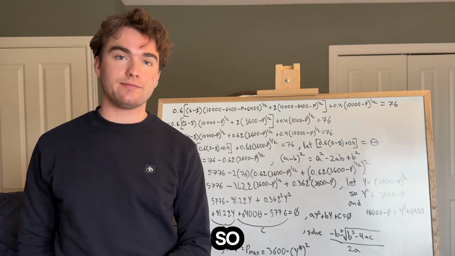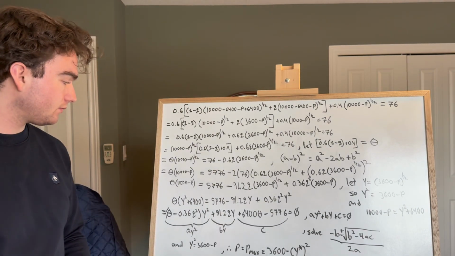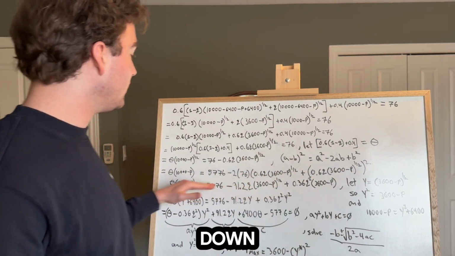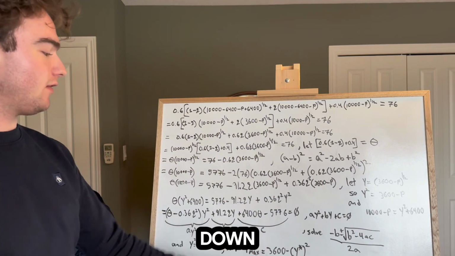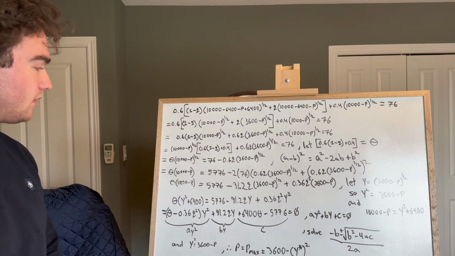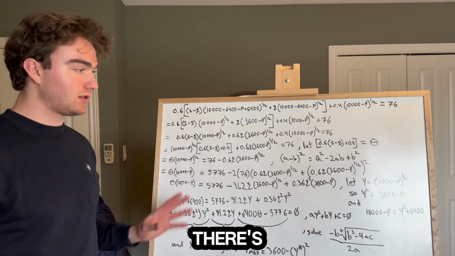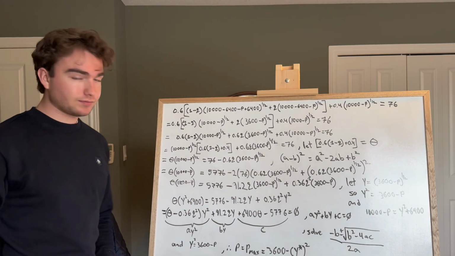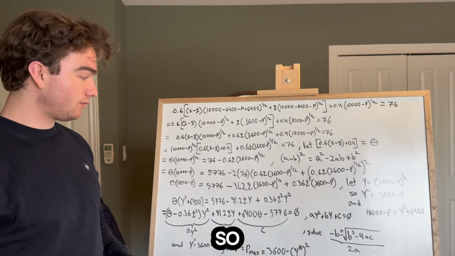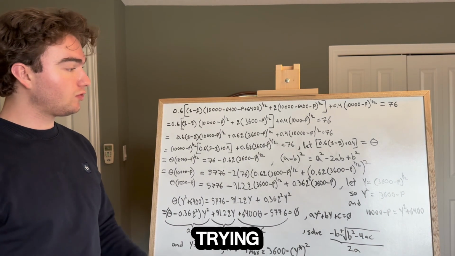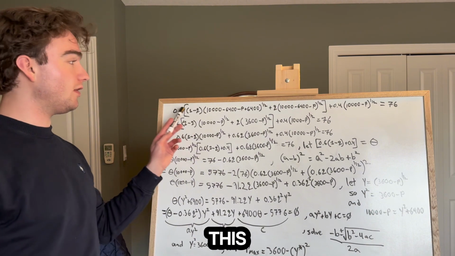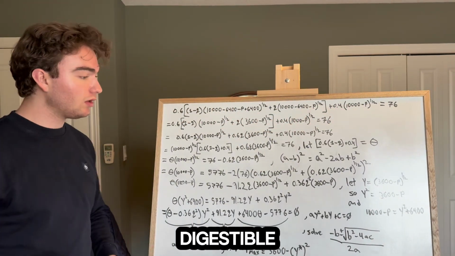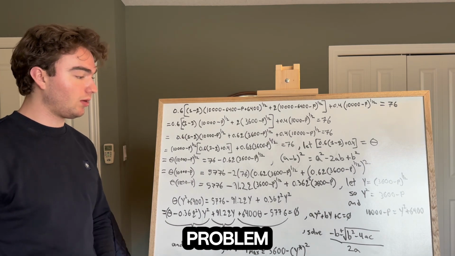Okay, so I'll show you what I did here. We're gonna start somewhere up here, and then we're gonna make our way down, all the way down to where we find our Pmax, because I recognize there's a lot going on here. I kind of wish I had a bigger board. So, we are trying to put this equation all up here into a more digestible quadratic problem, okay?